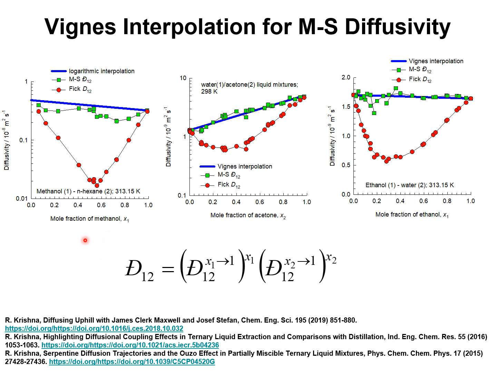So the estimation procedure for the Fick diffusivity is as follows. The first thing is to appreciate that the Fick diffusivity is strongly composition dependent due to thermodynamic non-idealities.